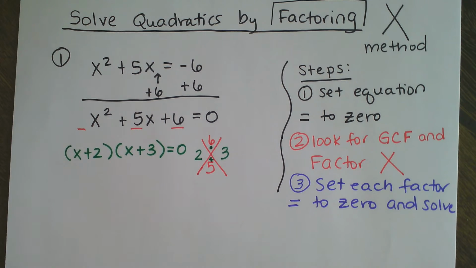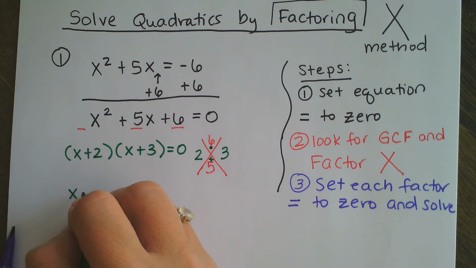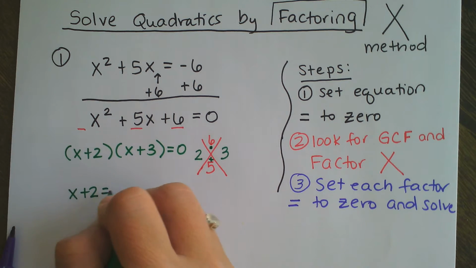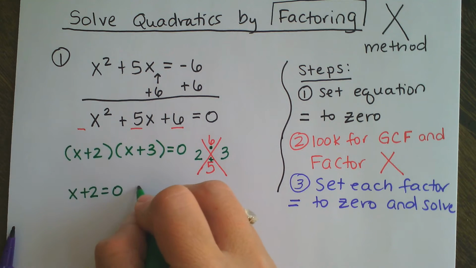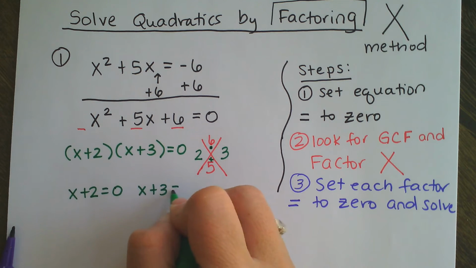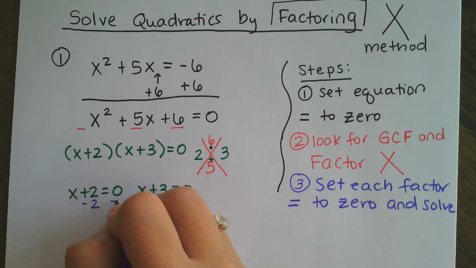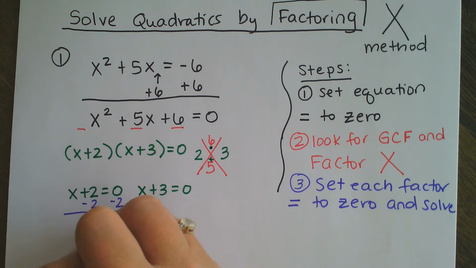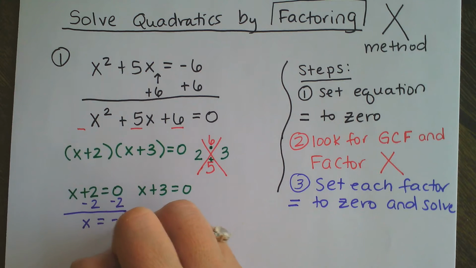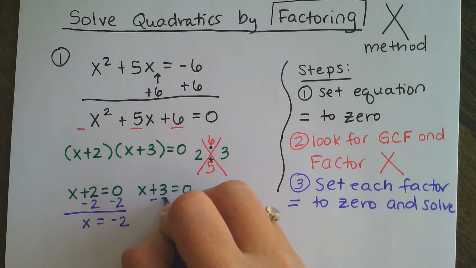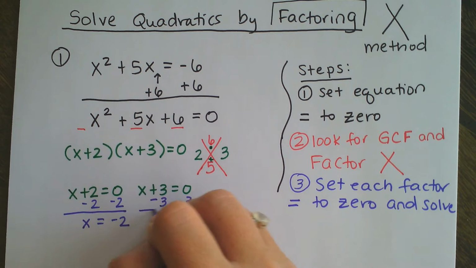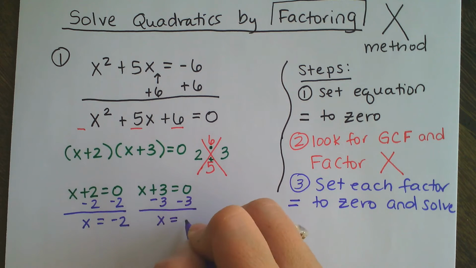So by that, I mean I'm going to take x plus 2 and set it equal to 0, and I'm going to set x plus 3 equal to 0 so that I can solve. So when I subtract 2 from each side, x equals negative 2. And when I subtract 3, x also equals negative 3.